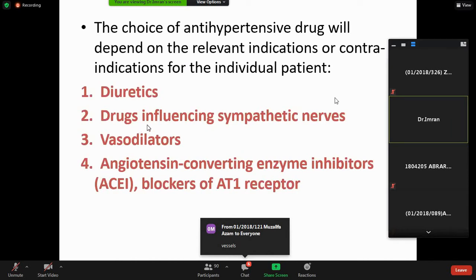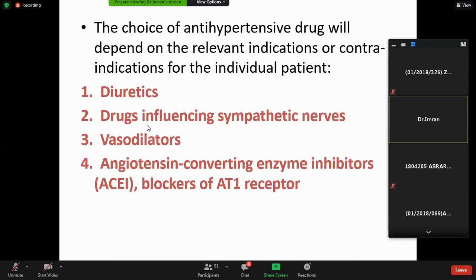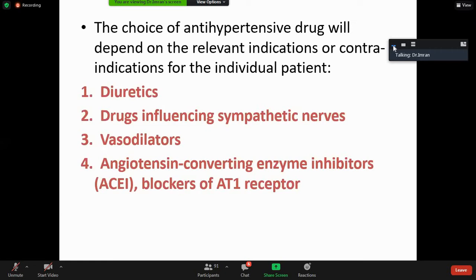So what will happen when alpha-1 receptor is stimulated? It will produce vasoconstriction. So what will happen due to vasoconstriction? It will lead to increased peripheral resistance. So increased peripheral resistance will lead to what? It will increase the venous return.